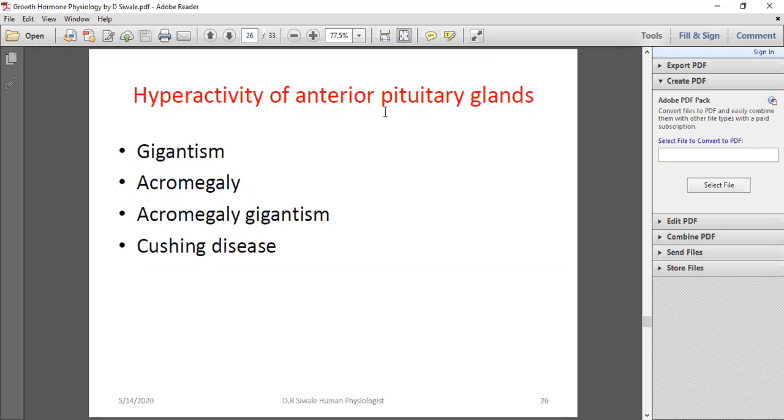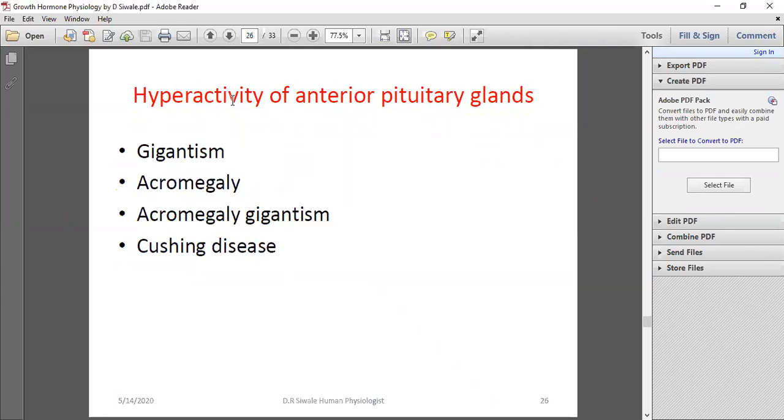When there are high levels of activity in the anterior pituitary gland, we have gigantism, acromegaly, and Cushing disease.